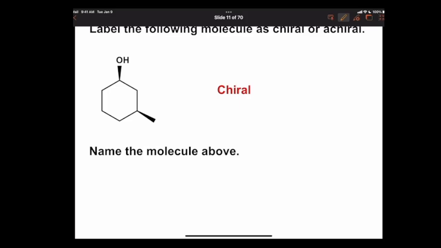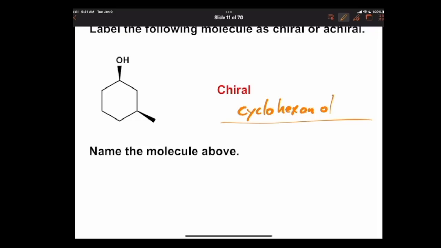Okay, but it's not just a cyclohexane. What's the functional group as part of this? This is an alcohol, so it's not a cyclohexane, it's a cyclohexanol. Good. And if this is now a cyclohexanol, we've decided that the identity of this molecule is cyclohexanol.